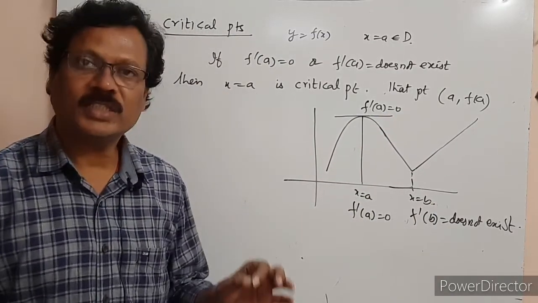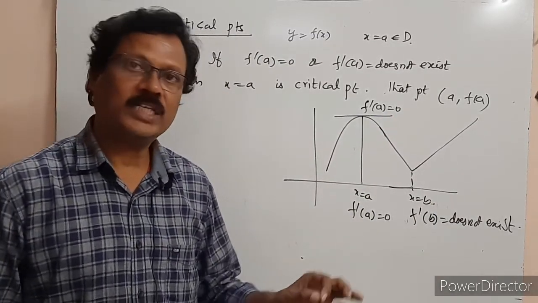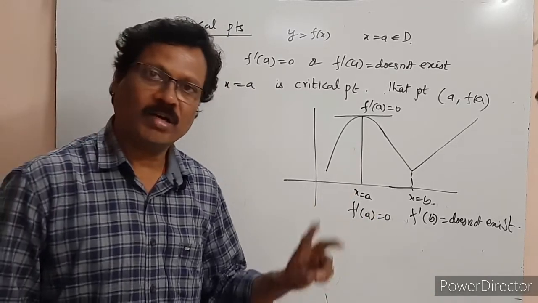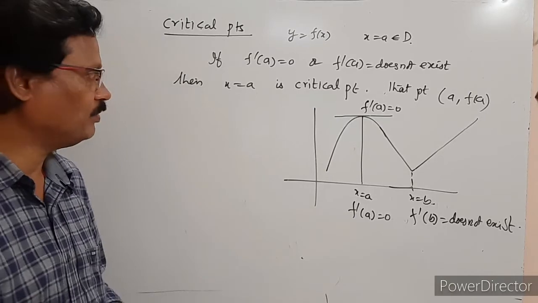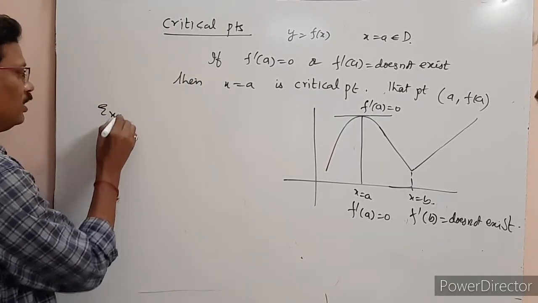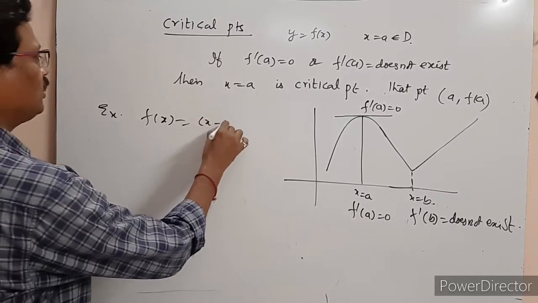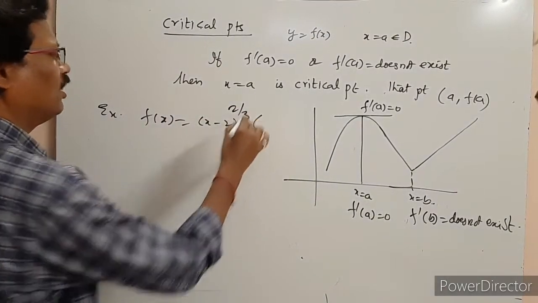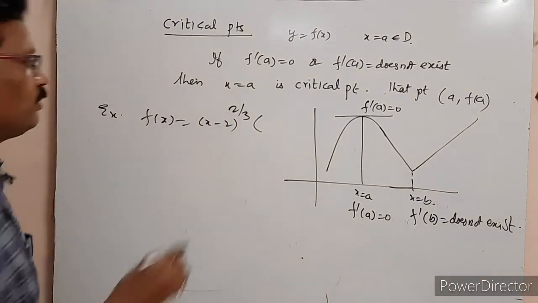Therefore, if f dash sign changes at some point, that point is called a turning point, or we can also call it a critical point. Okay, now let us see the example on this. f x is equal to x minus 2 whole to the power of 2 by 3 into 2x plus 1.